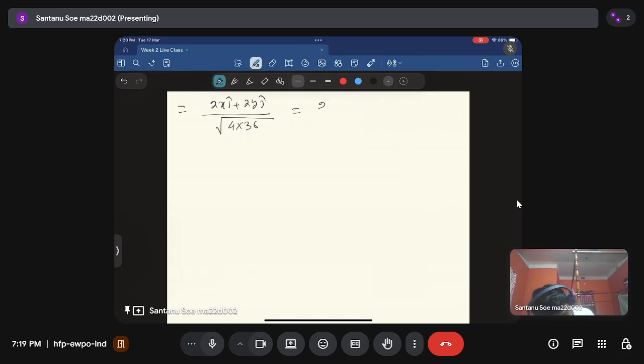So this is 2 times (x i plus y j) divided by 12. So this is 1 by 6 times (x i plus y j).